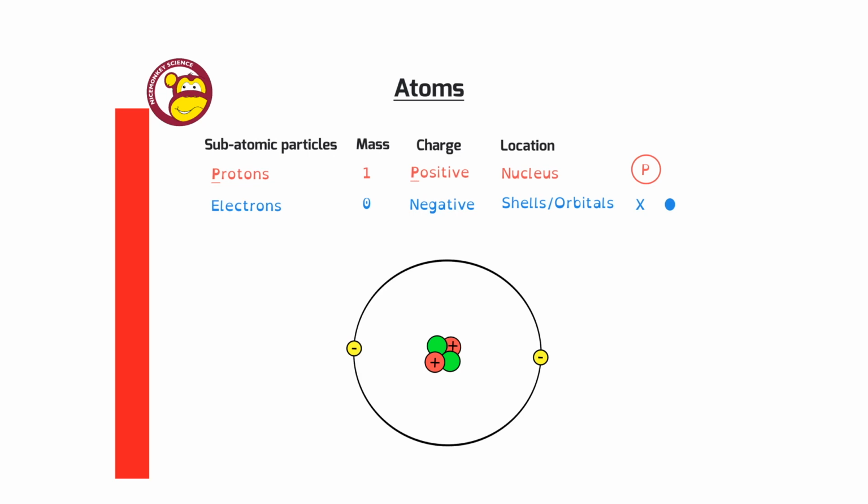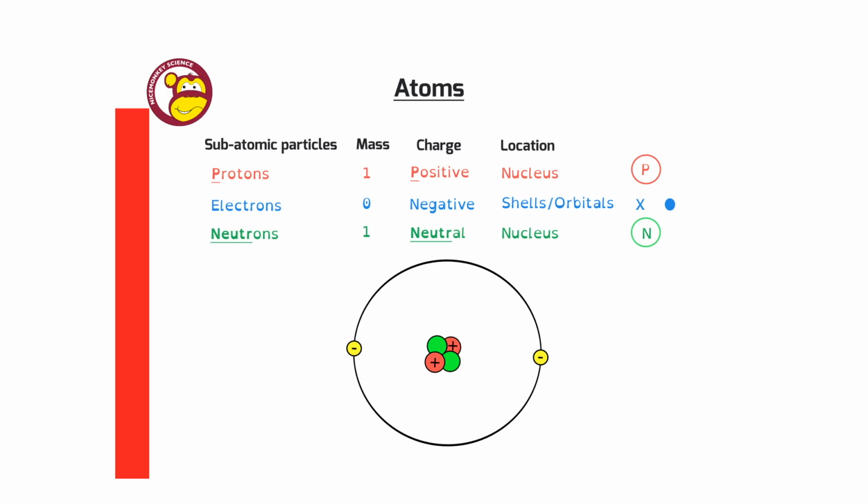These are particularly important when you're talking about ionic bonding. Now, one way that I remember that electrons are negative is the beginning of the word electrons is a bit like the word electricity, and it would be a negative thing if you were zapped with electricity.